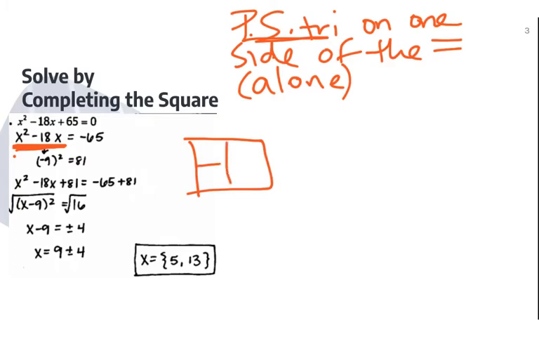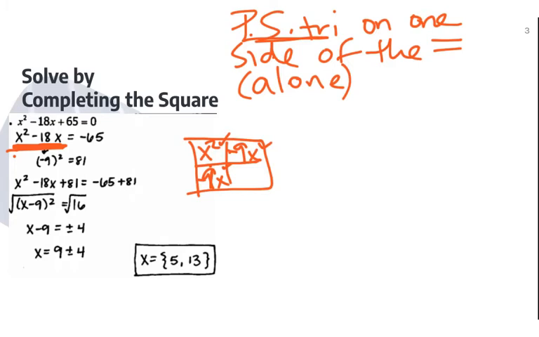So far I have the x squared, and then I'm going to split the negative 18 in half. So negative 9x's go here, and the other negative 9x's go here. Remember, they've got to be identical. We're creating a square here, guys. So I've got x squared in my box, and I've got negative 18x in the form of 2 negative 9x's.